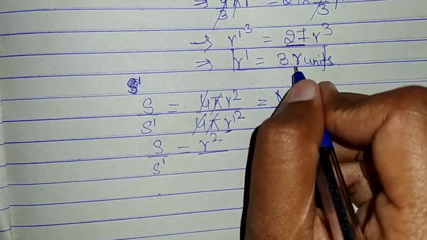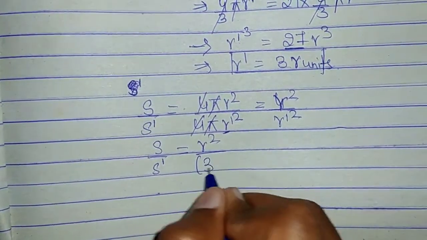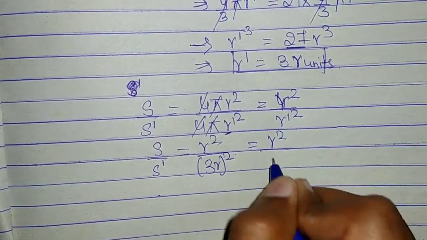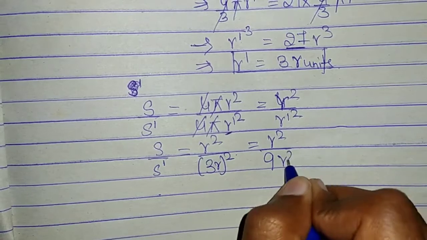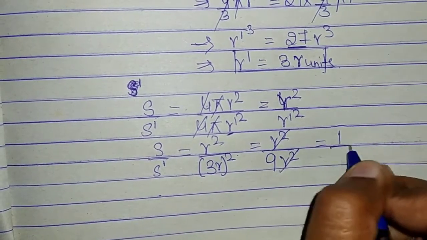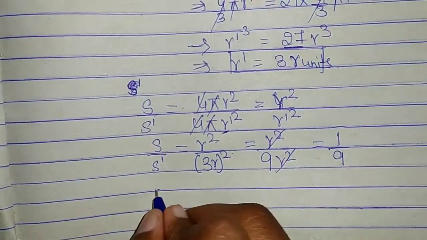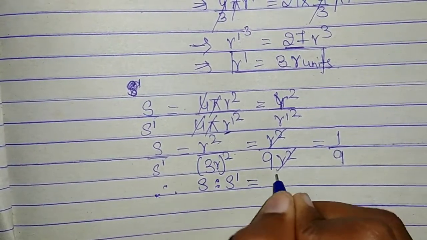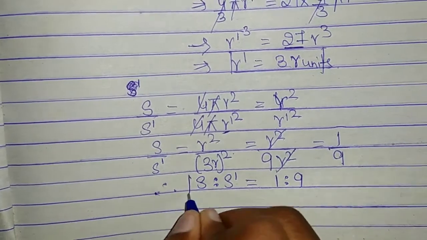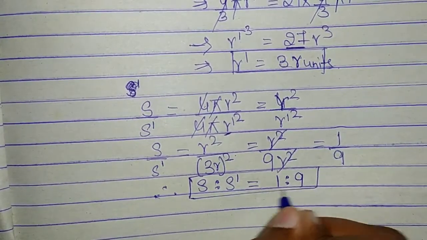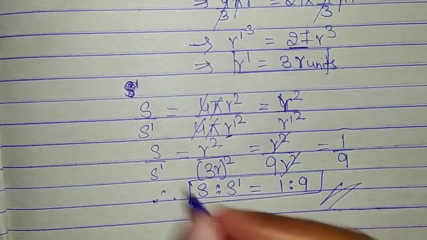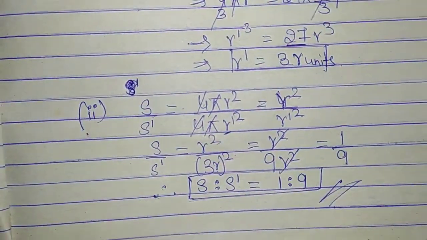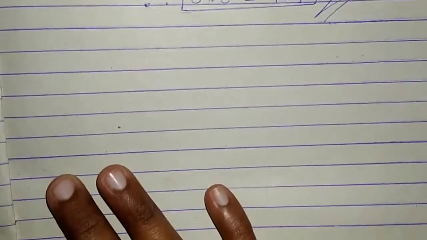R dash square can be written as 3r, so it is 3r whole square, which is nothing but r square by 3 square, 9 r square. r square cancels. The fraction is 1 by 9. So therefore s by s dash is equal to 1:9. This is the required ratio or the solution to the second part of the question 9 from exercise 13.8.